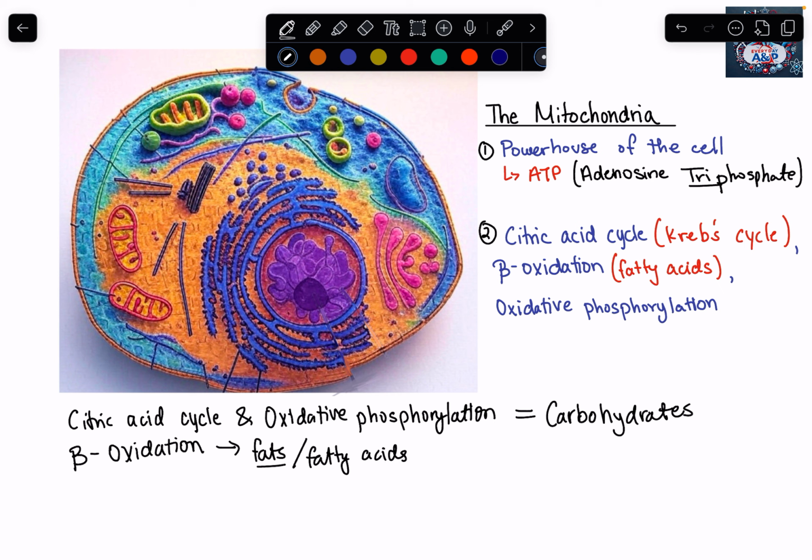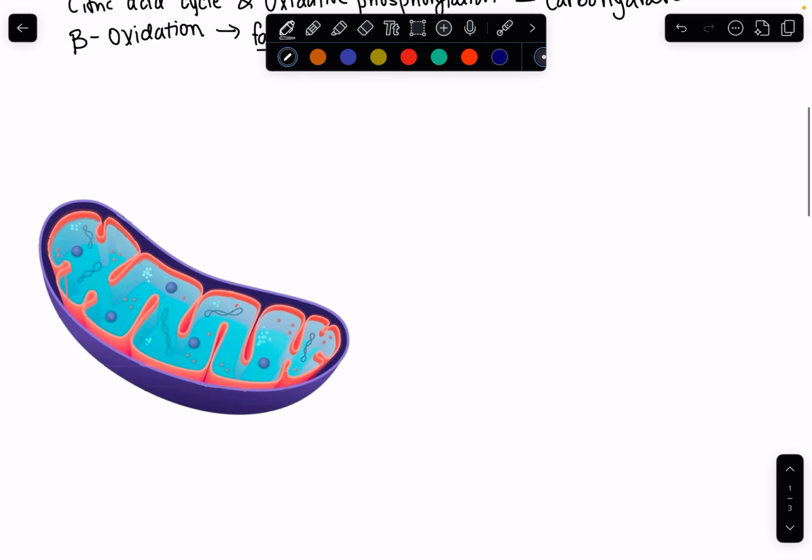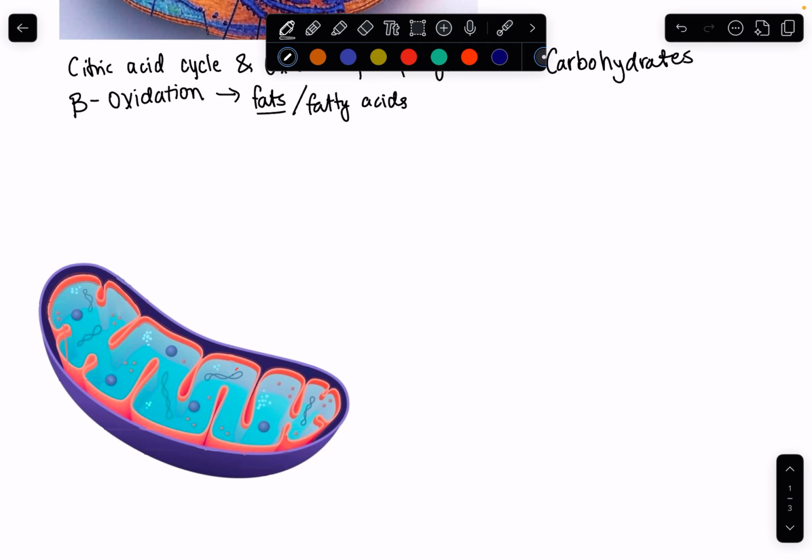All right. So that's a little bit about the mitochondria and what it does to help the cell survive. It generates ATP. It provides the cell with energy. Now, looking a little deeper into the mitochondria, first and foremost, we need to understand that the mitochondria has two membranes.